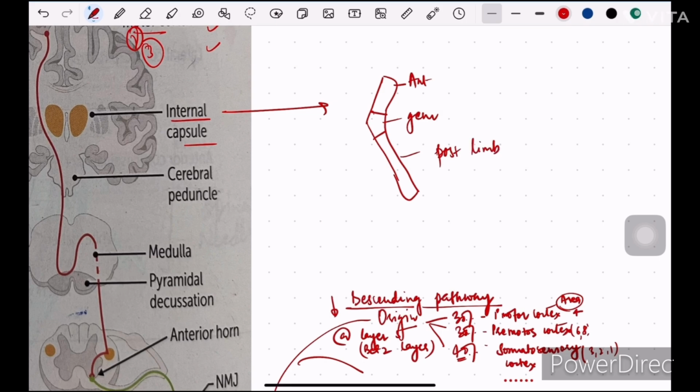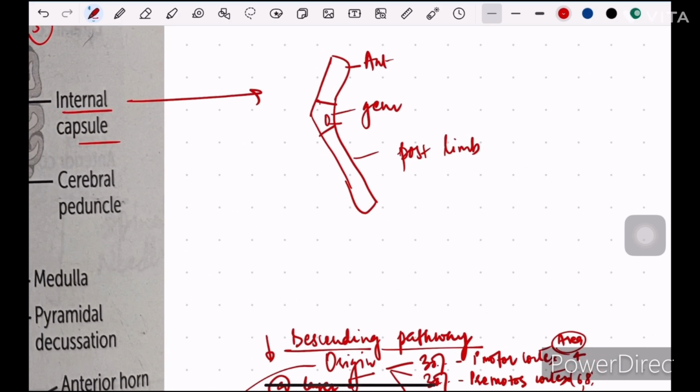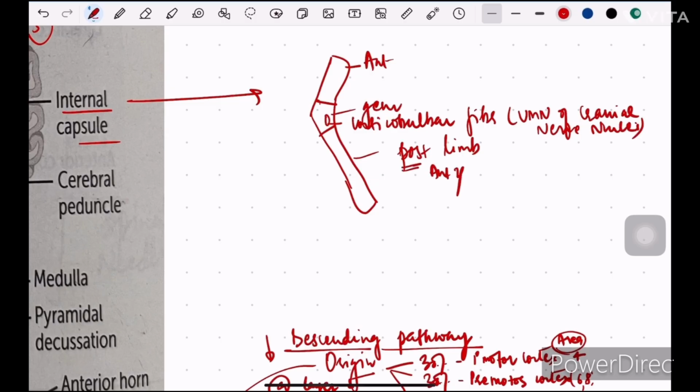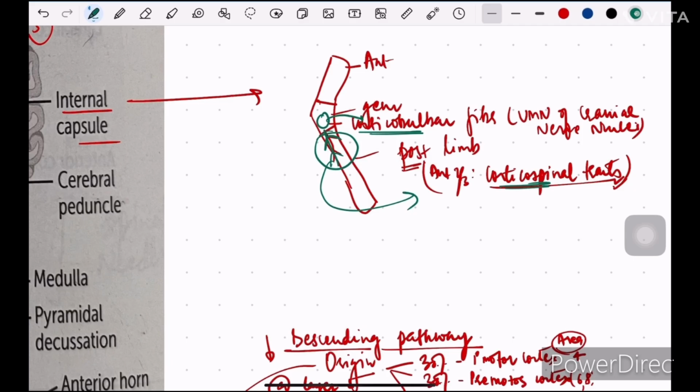The anterior limb is not very important. The genu is a little bit important because from here our corticobulbar fibers come out, which are basically the UMNs of the cranial nerve nuclei. And from the anterior two-thirds of the posterior limb come our corticospinal tracts. So let's say you make a human body. This is your corticobulbar fibers and this is your corticospinal tracts. For the entire body you have this, and bulbar you have for your head and neck.